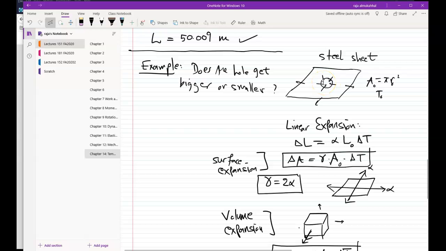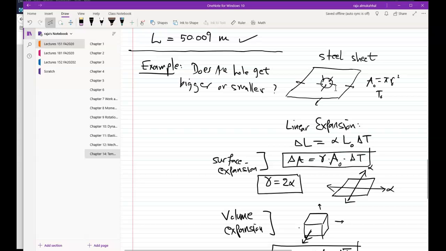The area of this hole at temperature T naught is A naught. And of course, A naught can be measured as pi R naught squared. Now I heat it up to a new temperature. The question is, would it get bigger or smaller? And if we have numbers, what is the new area?